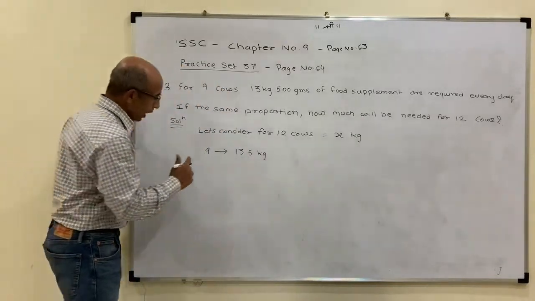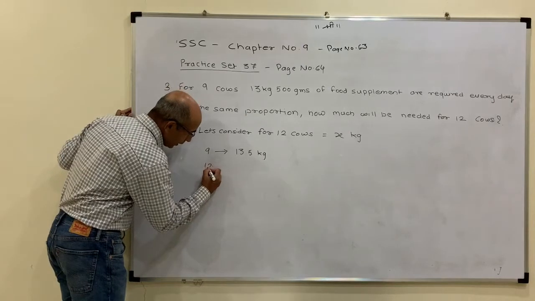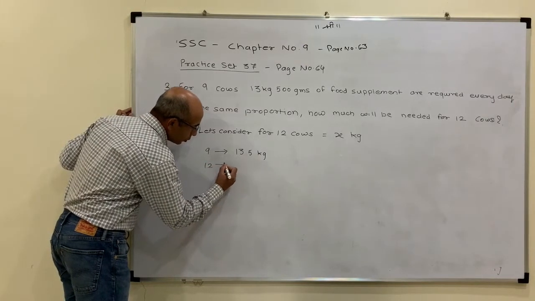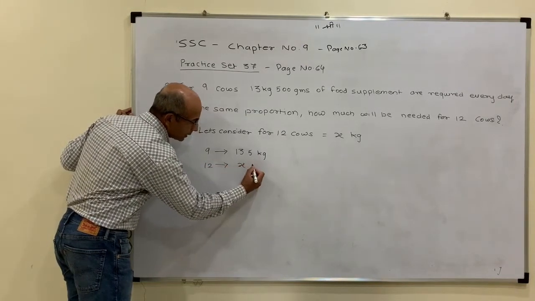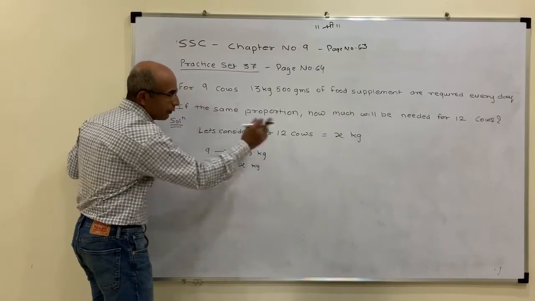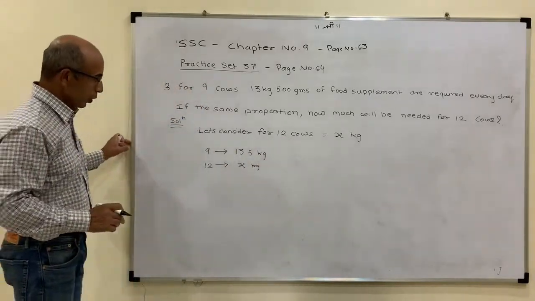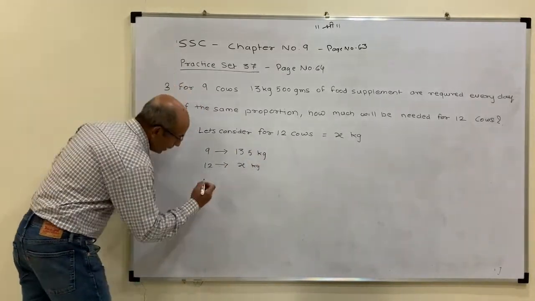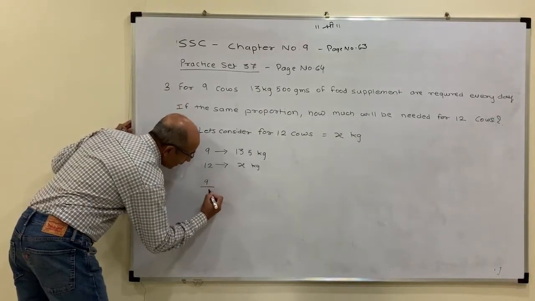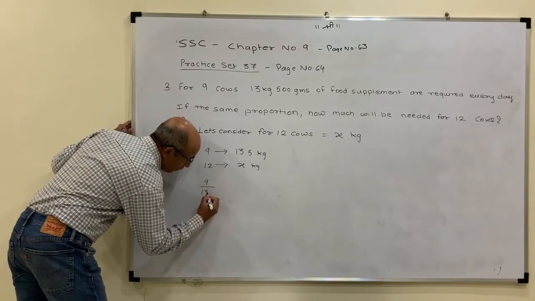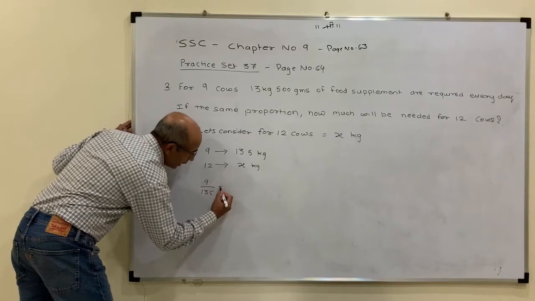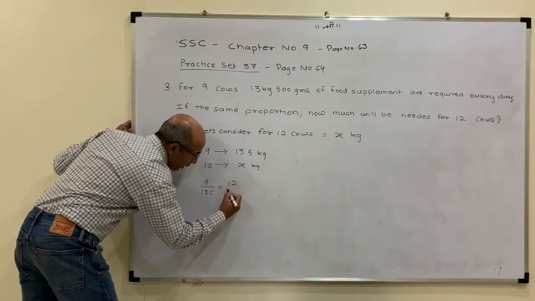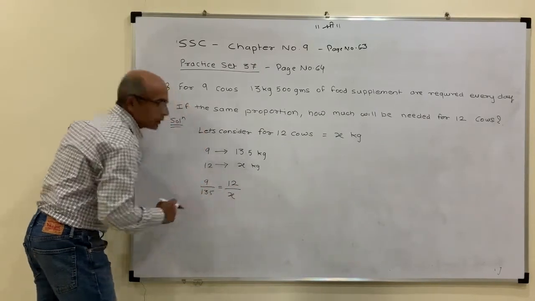So 9 cows need 13.5, and 12 cows need x kg, which we have considered. So our equation will be 9 divided by 13.5 equals 12 divided by x.